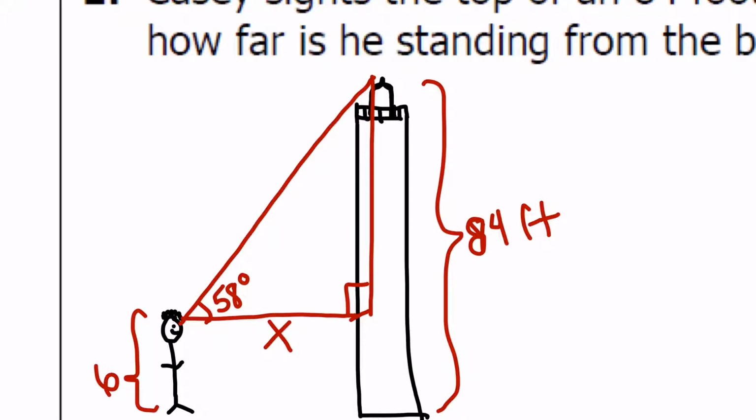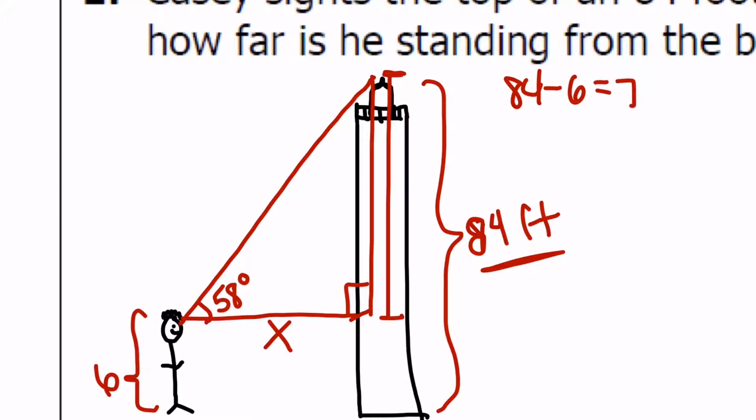Well, I can't really find my hypotenuse. I don't have enough information given there. However, because I know the height of the lighthouse and I know how tall Casey is, I can find this distance in here. So I take 84 minus 6, and that's going to give me 78. So this side of my right triangle is 78 feet.